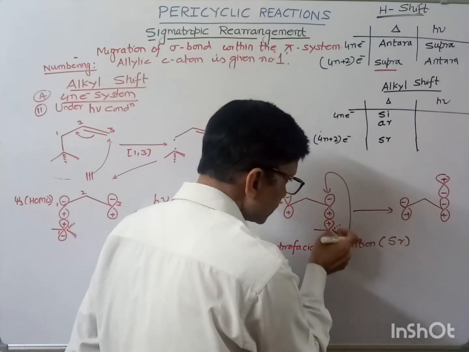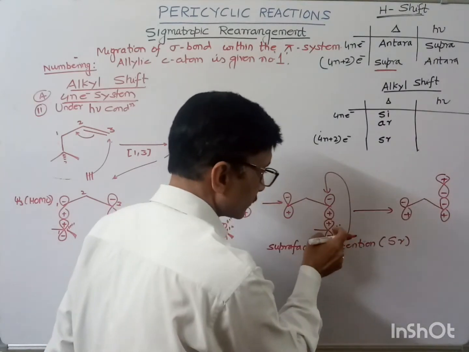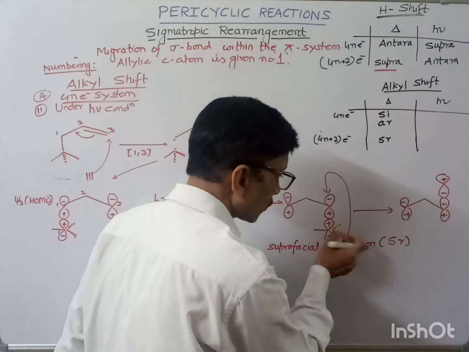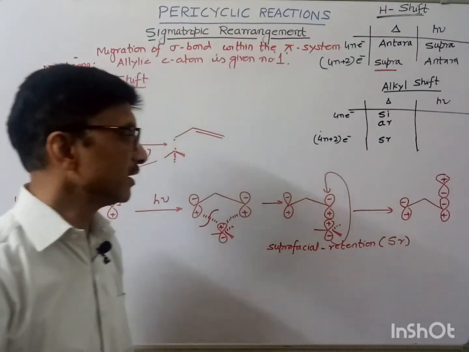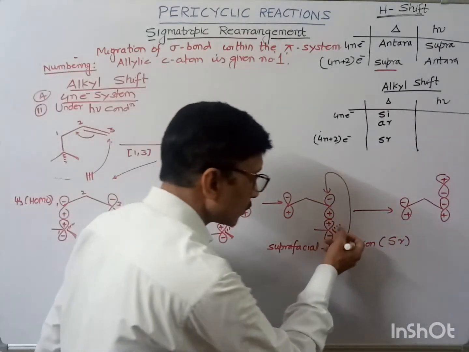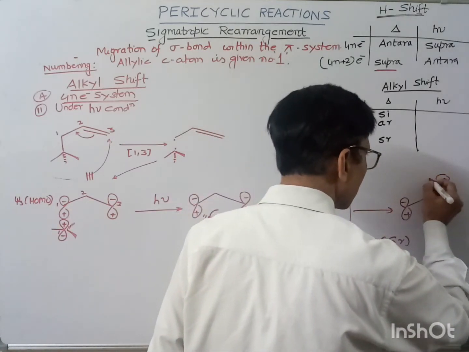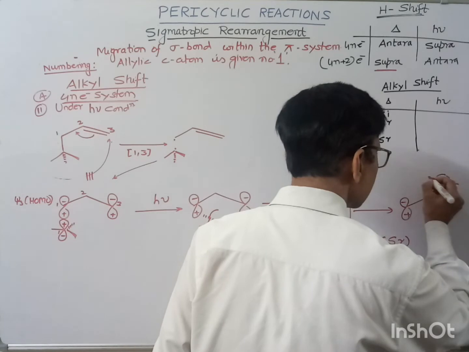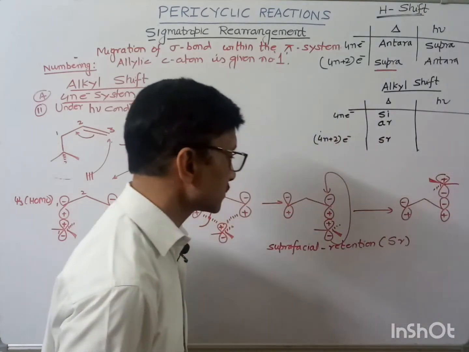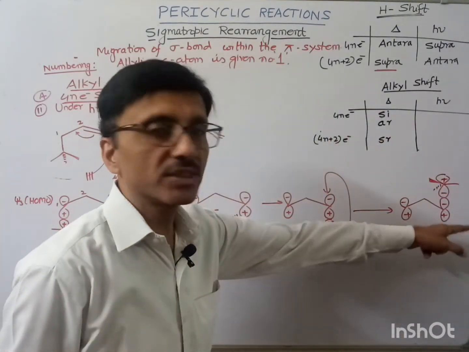Now here these substituents will also get rotated in a 180-degree manner. So here it will go in this way. So you can see it will go like this, and the inversion has taken place. So this is antarafacial with inversion.